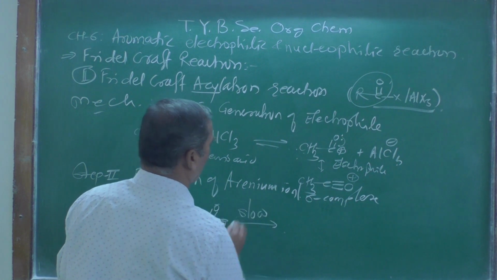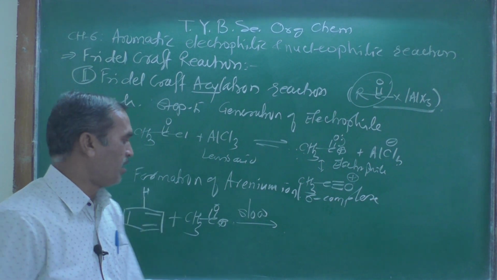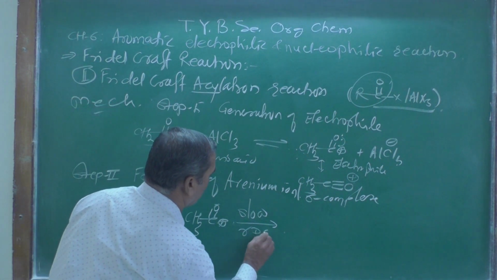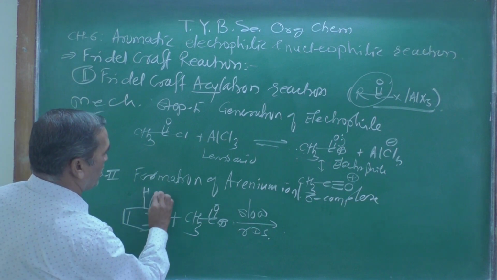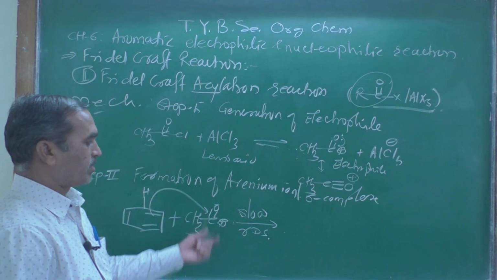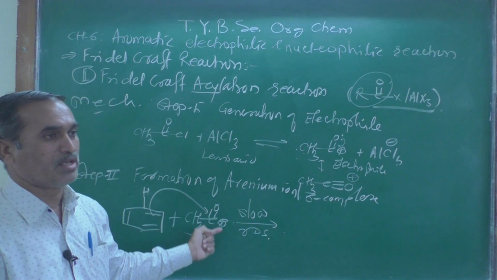This step is a very slow step, and as we know, the slow step is the rate determining step, RDS.